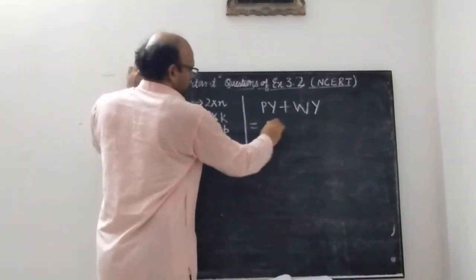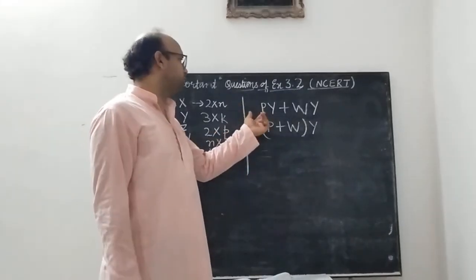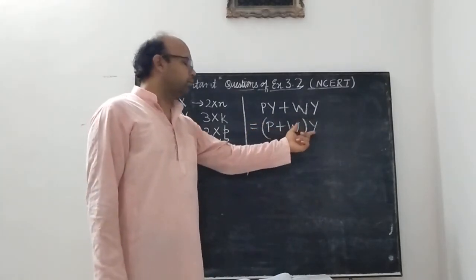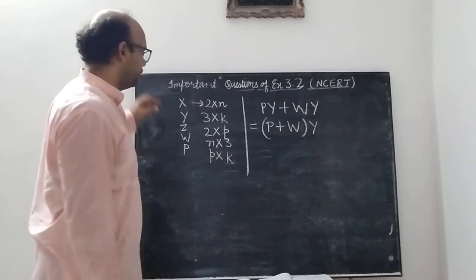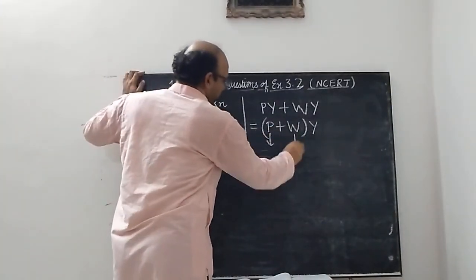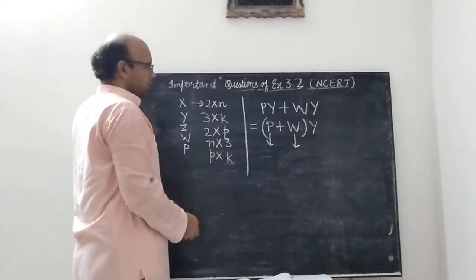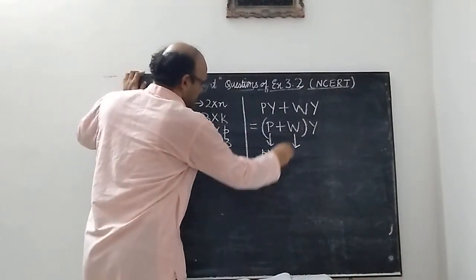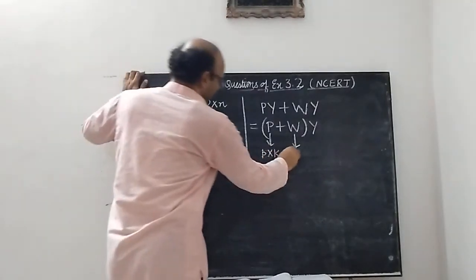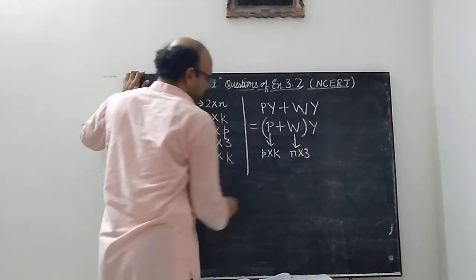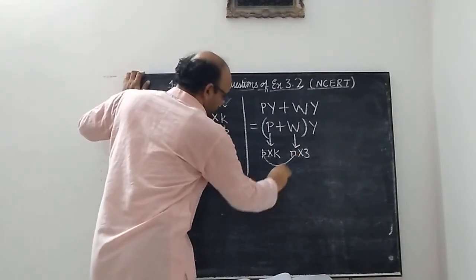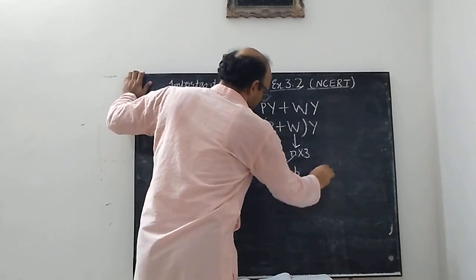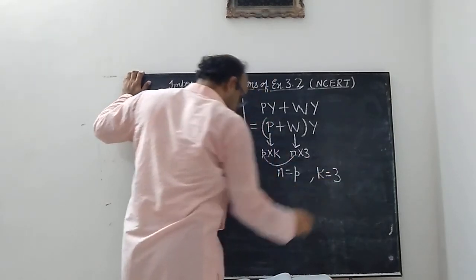So we have the expression PY plus WY, we write this as P plus W times Y, using the distributive property. So it means that the order of P and the order of W must be equal. P is actually p cross k, and W is n cross 3. So the restriction which comes out is that n should be equal to p and k must be equal to 3.